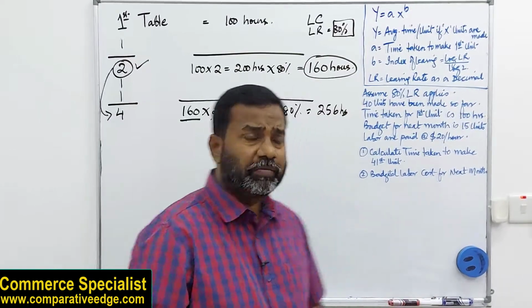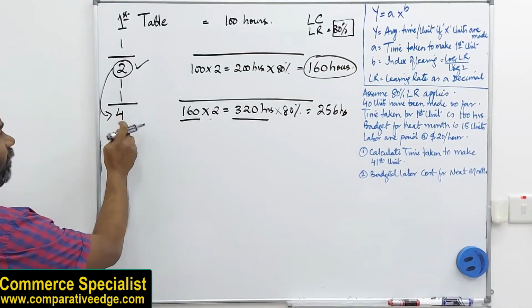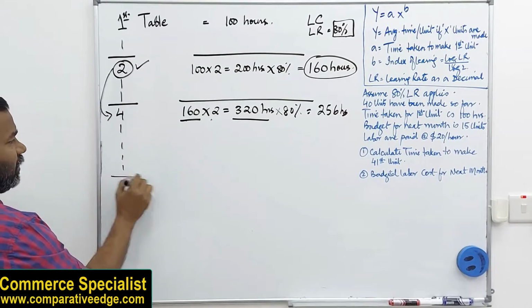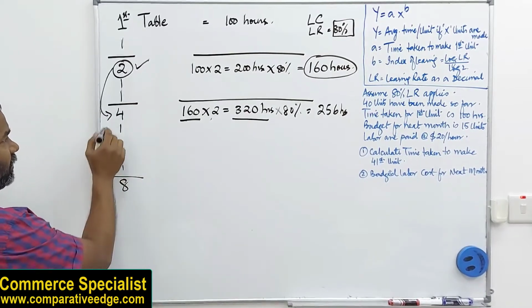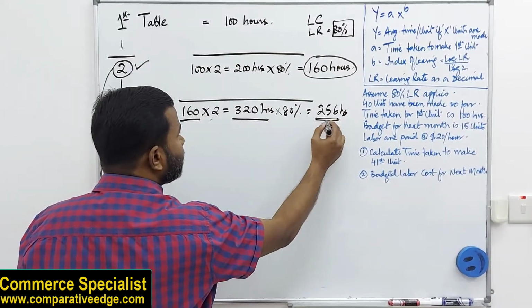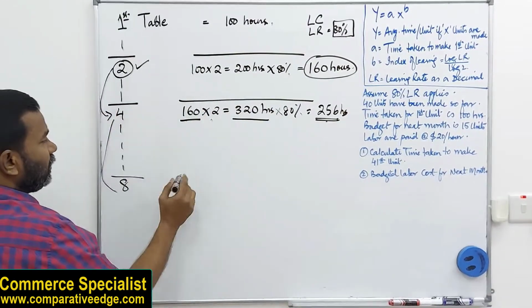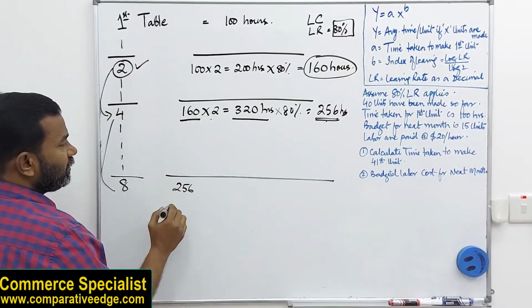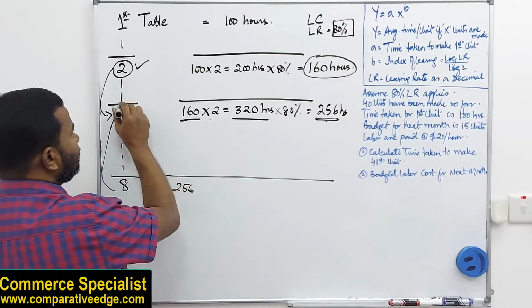Further, learning will take place when the production doubles from 4 to 8. So now we are talking about 8 tables. See, from 4 to 8, production has doubled. So 256 hours were for 4 tables. So if I write it here, 256 is for 4 tables.